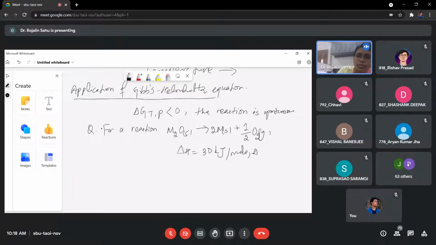Del S is equal to 0.07 kilojoule per mole.